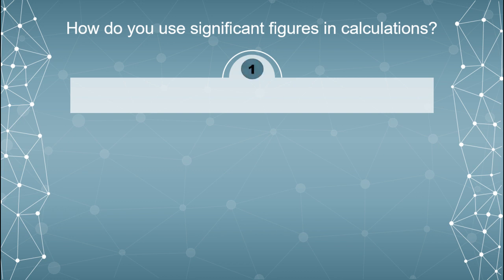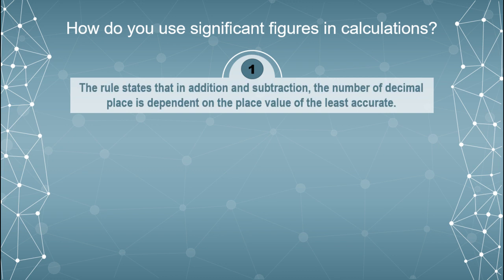First will be for addition and subtraction. The rule states that in addition and subtraction, the number of decimal places is dependent on the place value of the least accurate. Buot pasabot, ang answer sa ato nga gipang-add nga mga number or measurement, ang tawag ana, sum.